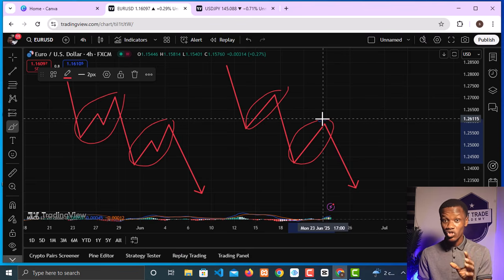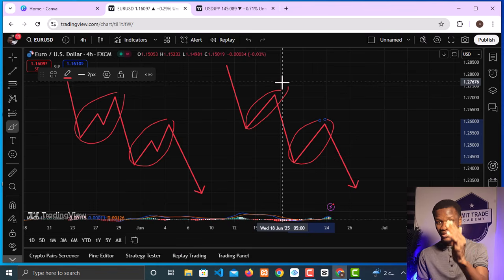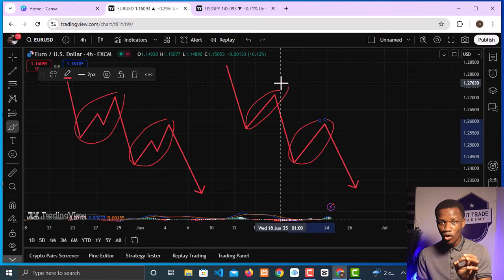This is very important because momentum is very important, and once momentum begins to die down when the market is correcting, then it means that it's a good time to look for an entry opportunity for the market to begin to come all the way to the downside. This is a very important thing you must pay attention to, to be in the right direction of the market when you are trading pullback.